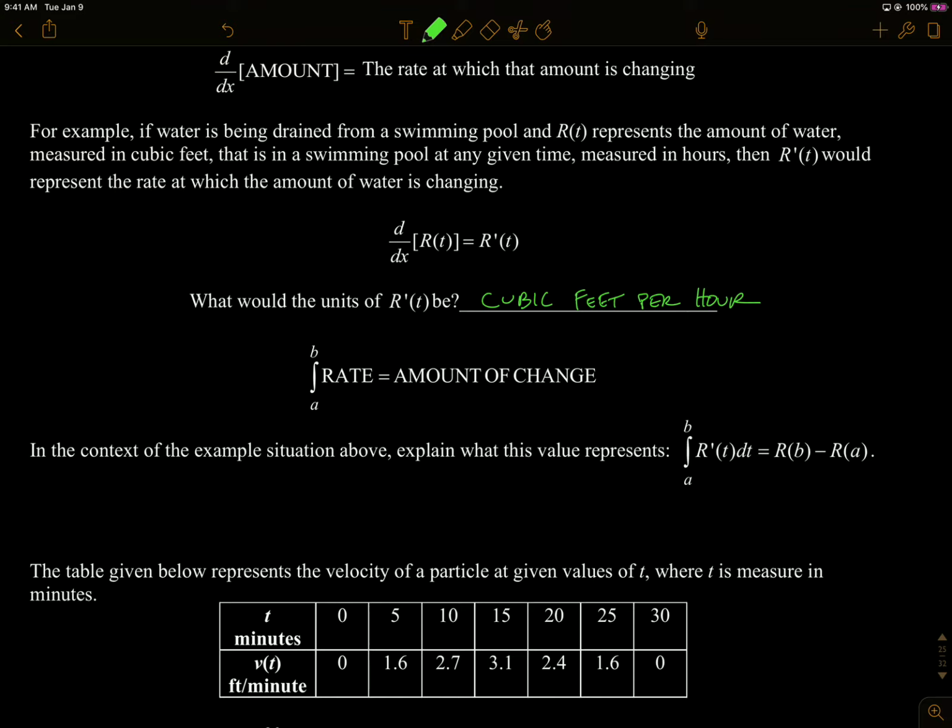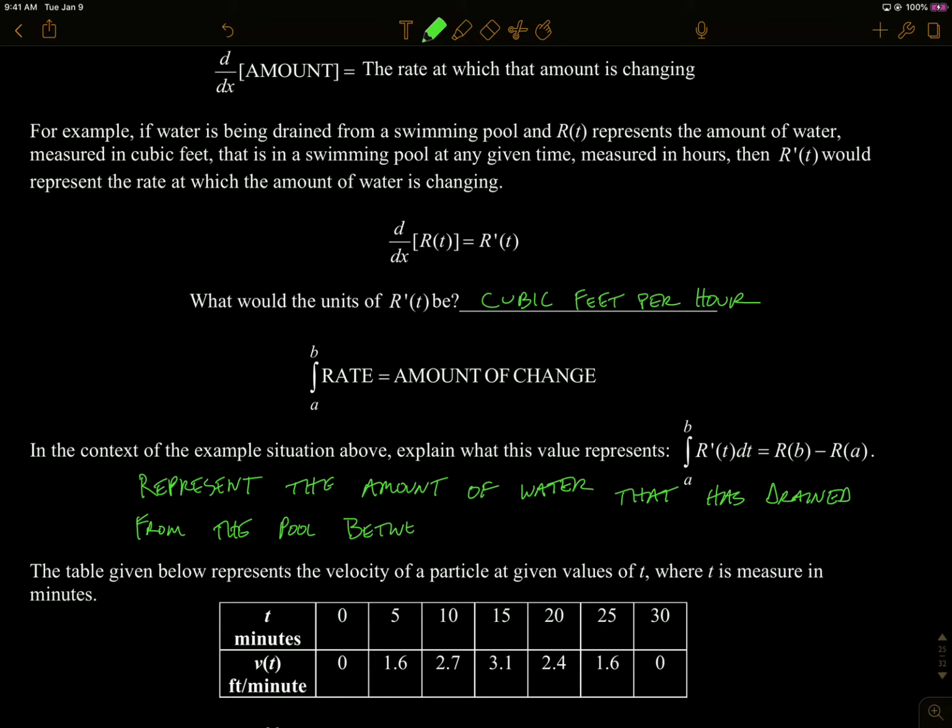So in context of the example above with the draining pool, if I integrate the rate at which the water is changing, I'll get capital R of B minus capital R of A. That would represent the amount of water that has drained from the pool between t equals A and t equals B hours.